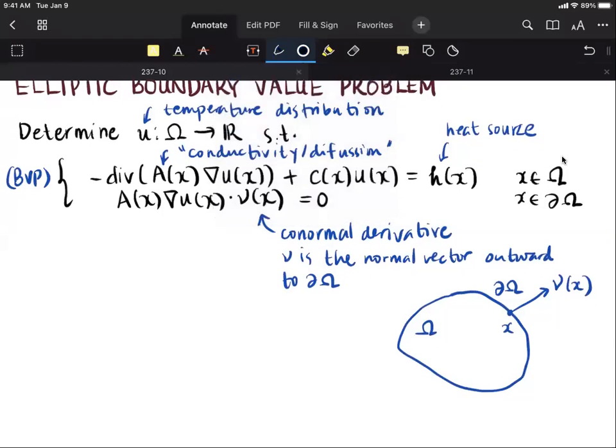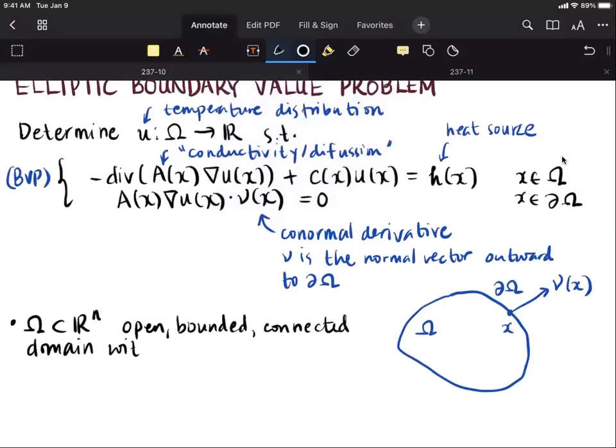Of course, before we proceed, we need to provide conditions for the given data here. So we suppose that omega is an open, bounded, and connected domain with a sufficiently smooth boundary.